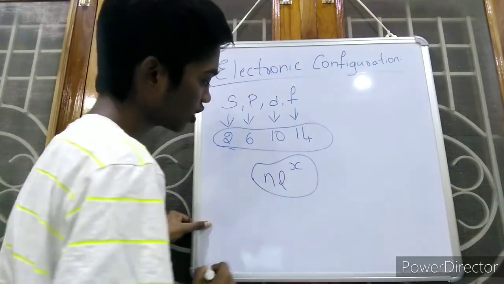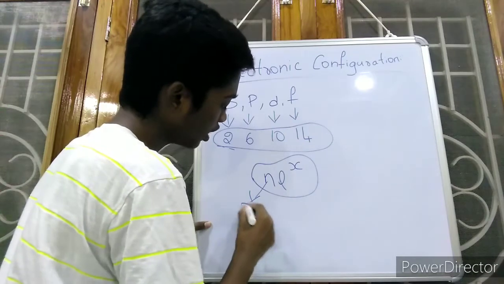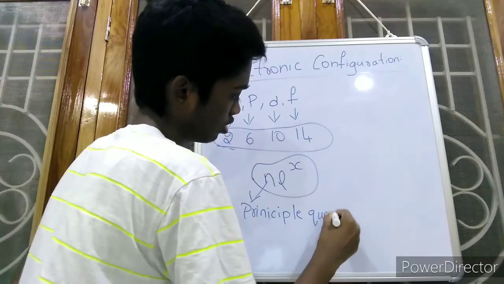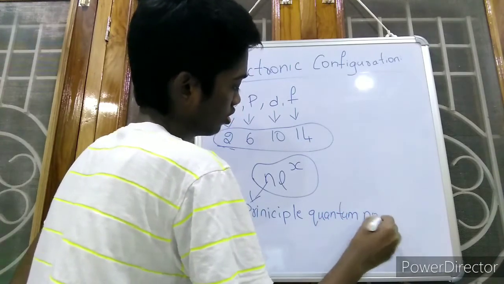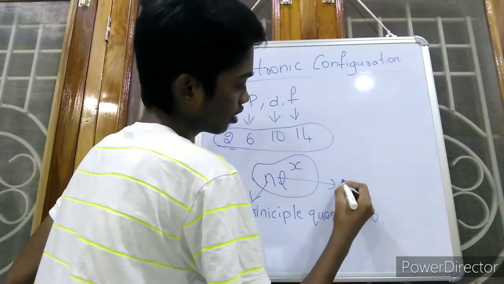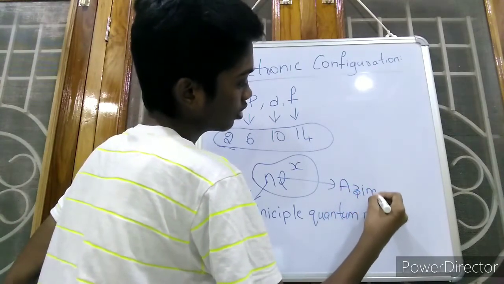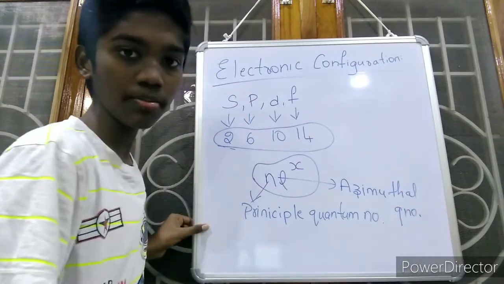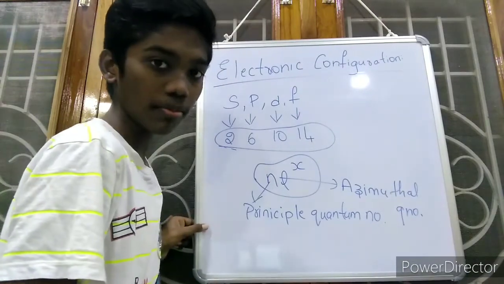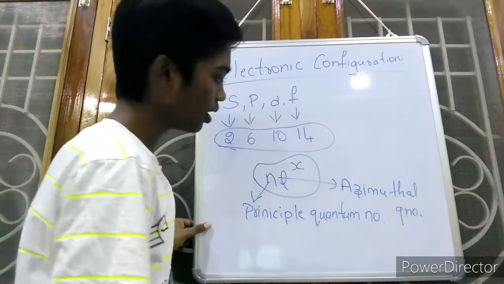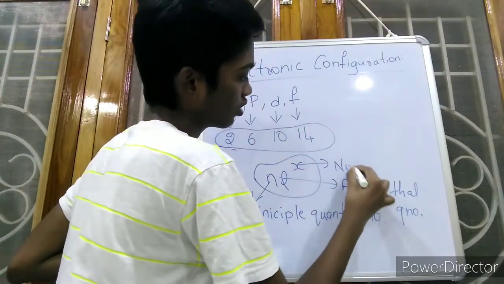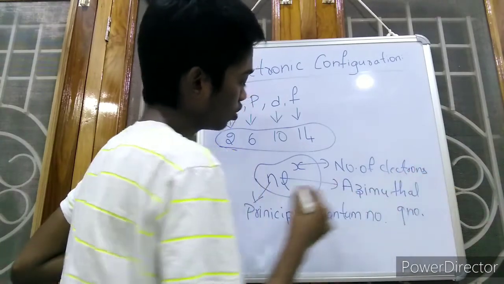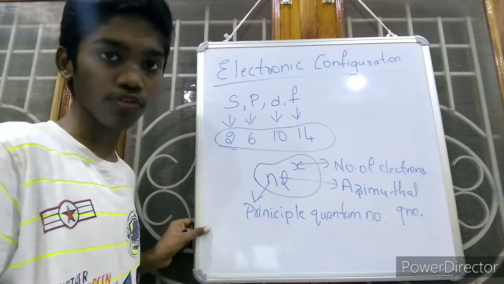This is the general form of electronic configuration. n is the principal quantum number. l is the azimuthal quantum number, which is also called the subsidiary quantum number or angular momentum quantum number, and x is the number of electrons. So this nLx is called the general form of electronic configuration.